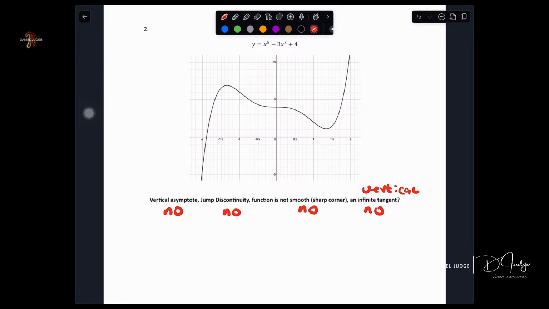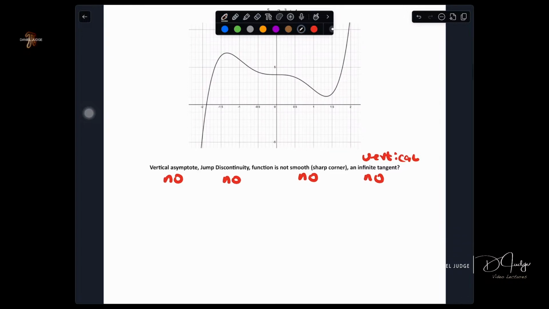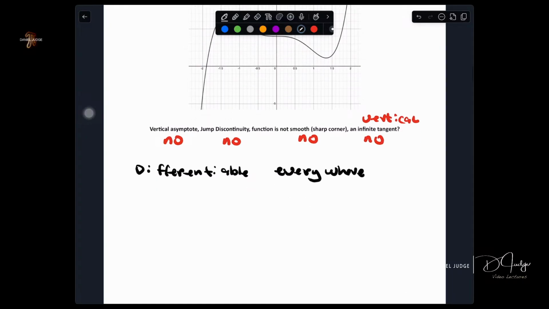And it's a no everywhere again, so this function is, in fact, differentiable everywhere. So when it's differentiable everywhere, that's really all real numbers.